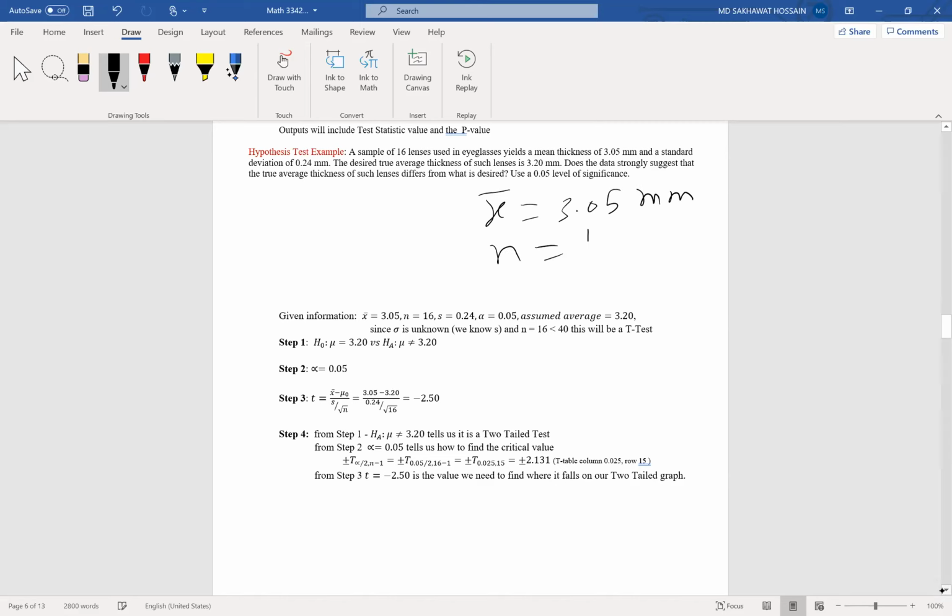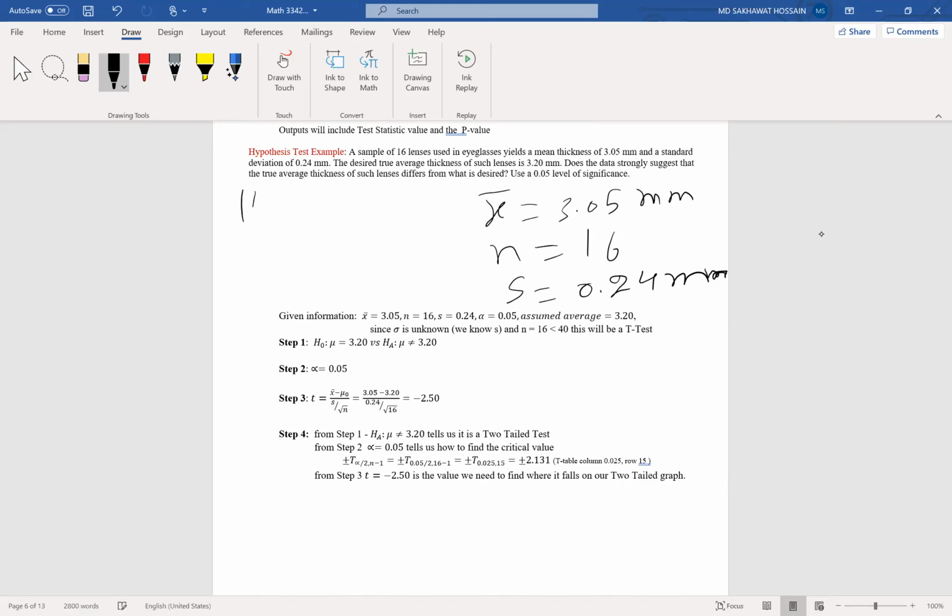The sample size n is 16, and the standard deviation is 0.24 millimeter. So here the population standard deviation is unknown and the sample size is small, right? The desired true average thickness of such lenses is 3.20 millimeter.